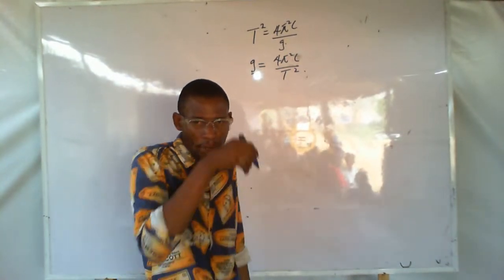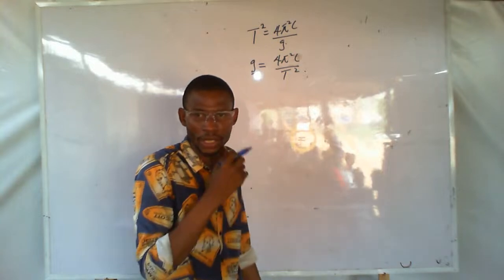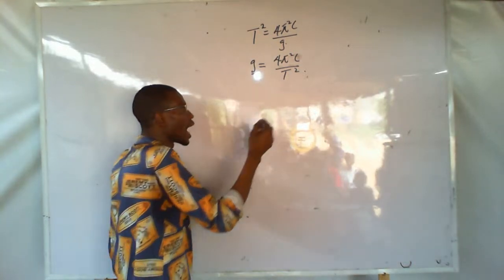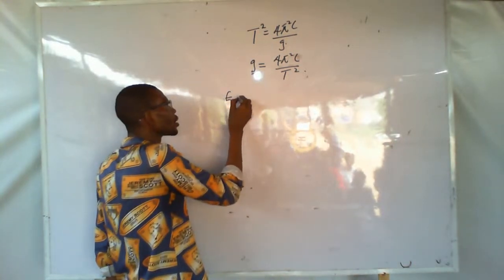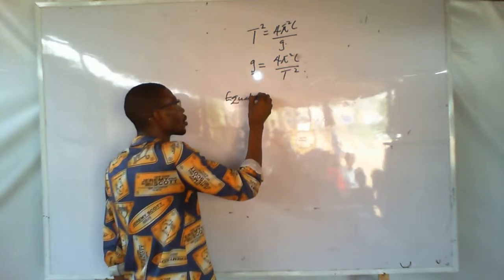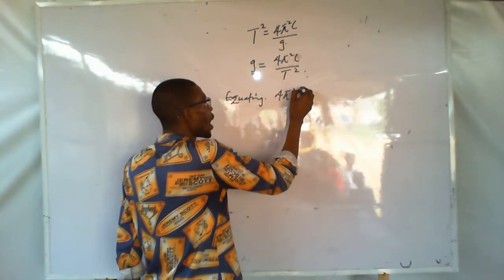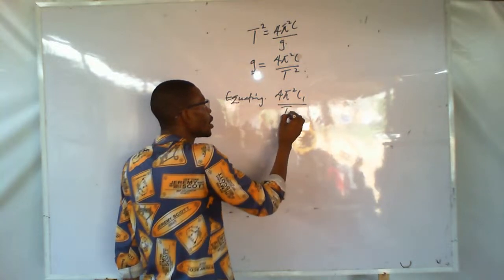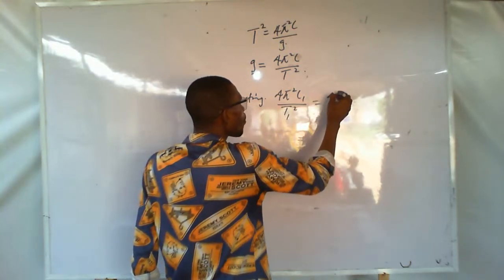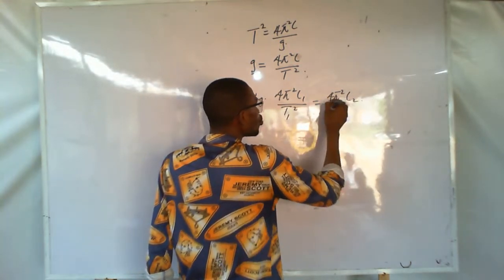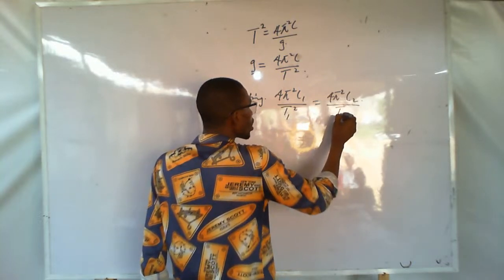True or false? Yes, sir. I have two cases, but gravity is common. So now my cases are equating: 4 pi squared L1 over T1 squared equals 4 pi squared L2 over T2 squared.